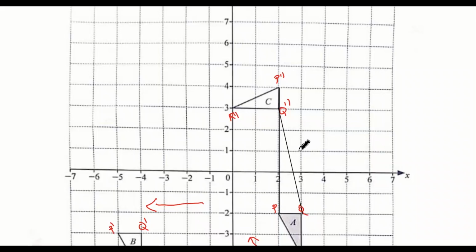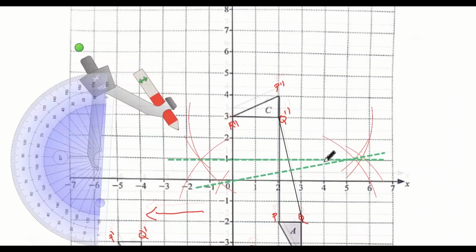I will bisect the two lines and show you the results. I have drawn the perpendicular bisectors of the two lines and they meet at this point here: x equals 5 and y equals 1. This is the center of rotation.